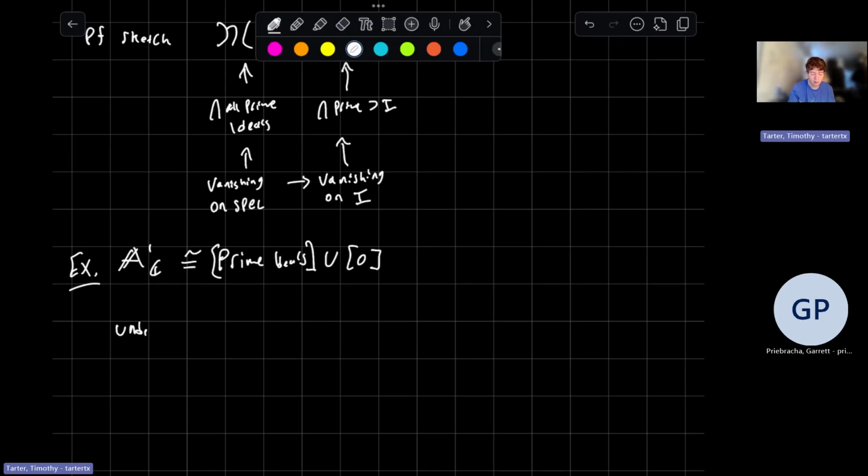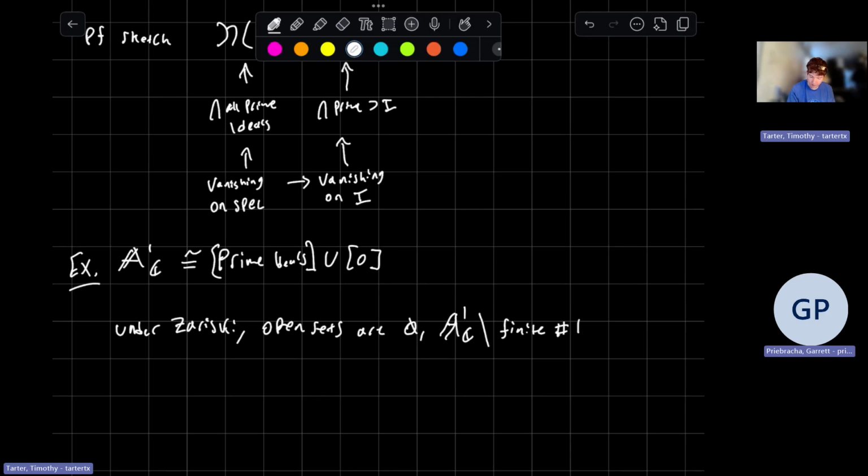So under Zariski, the open sets are the empty set and then A1C minus a finite number of maximal ideals.